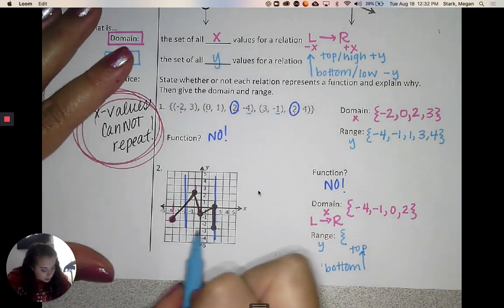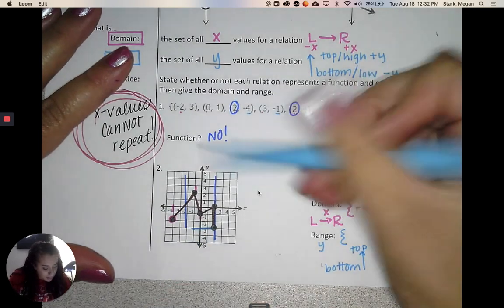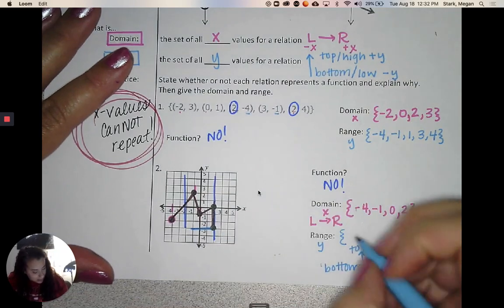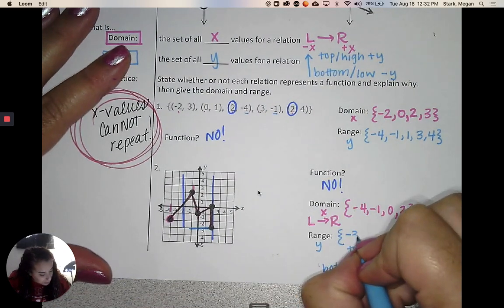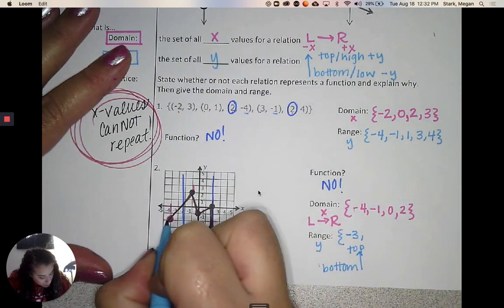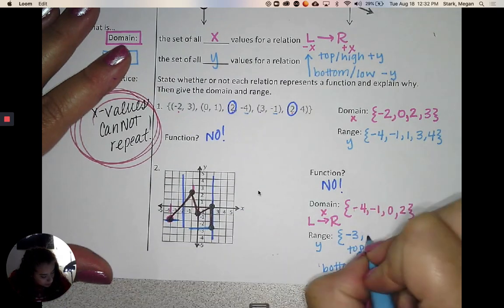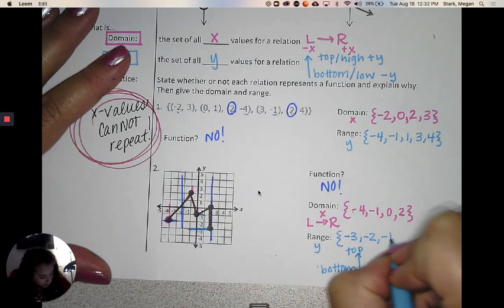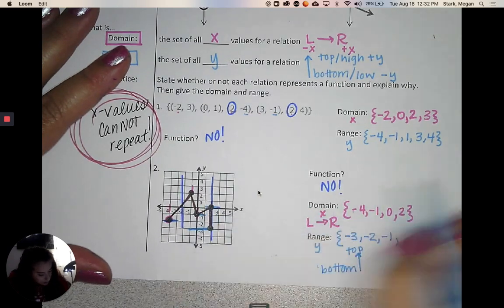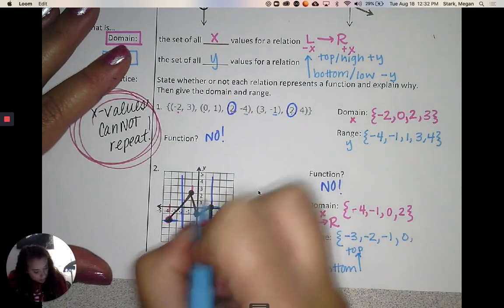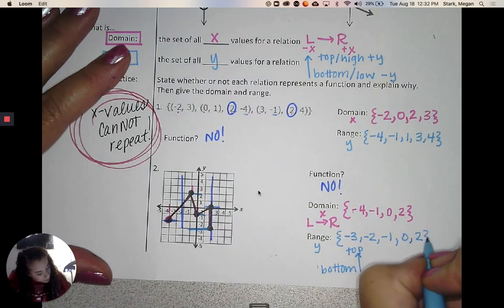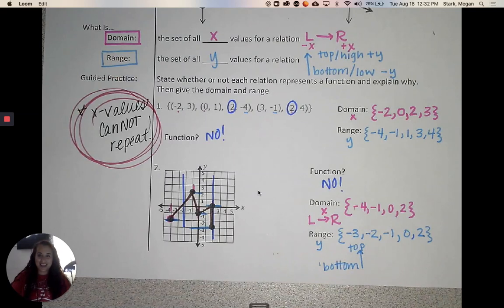Okay, so here's our lowest point. Notice I'm looking at the y-axis now. So that's at -3. The next point is right here. That's at -2. -1. That's at 0. That one's at 2. Okay?